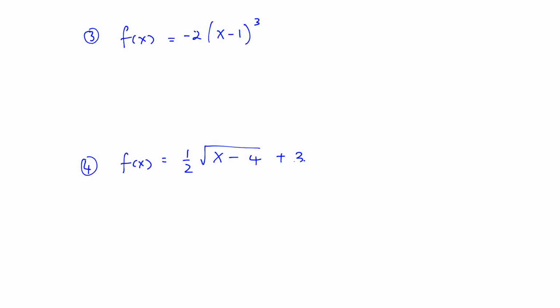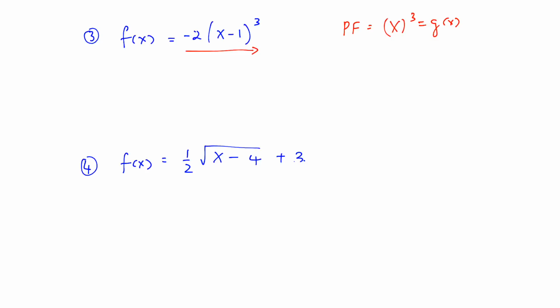So the next one, I see negative 2(x minus 1) cubed. The parent function has to be x cubed. So let's do this. Let's read just from left to right.